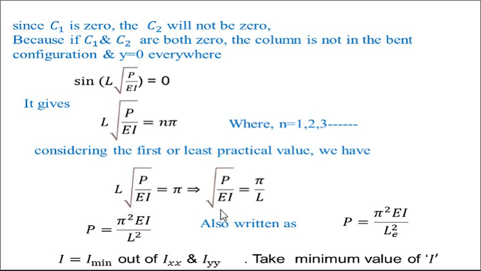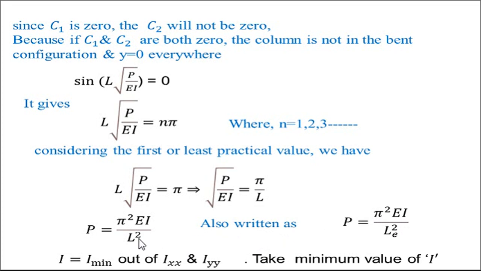If you square both sides and solve further, we will get P is equal to pi square EI divided by L square. So basically you have to solve this equation and come up with the value of the crippling load or critical load. Finally we can also write P is equal to pi square EI divided by L E square.